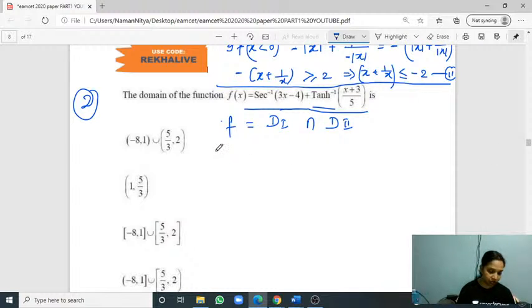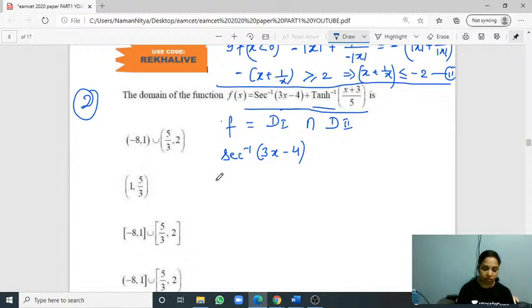So how to calculate? First of all, domain of secant inverse. So please, the basics should be very much clear. So first I am calculating secant inverse 3x minus 4 domain. How to calculate this?